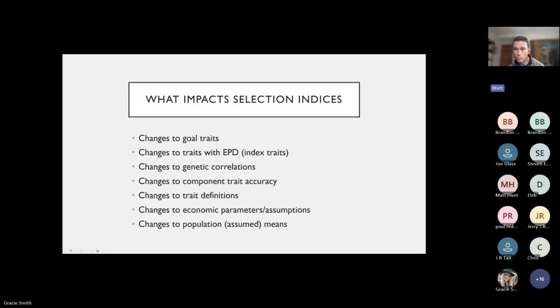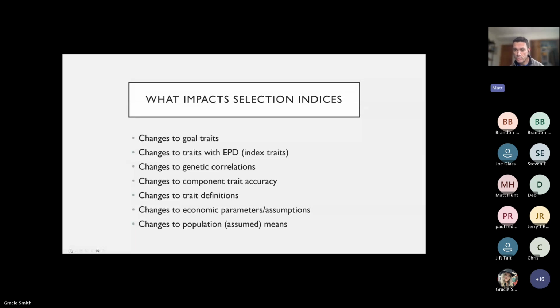So what has an impact on these indices? Well, over time, if the breeding objective or the breeding goal changes for whatever reason, so there's a market signal to make a change in a particular trait that did not exist before, that I think obviously would change the index.